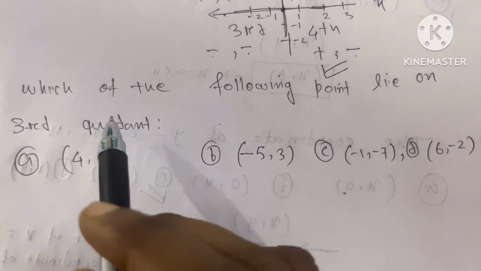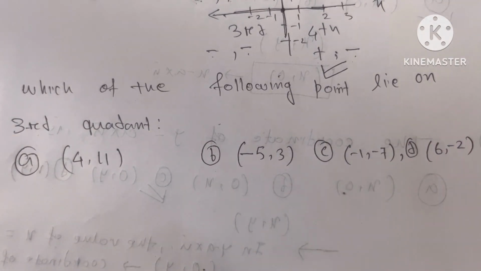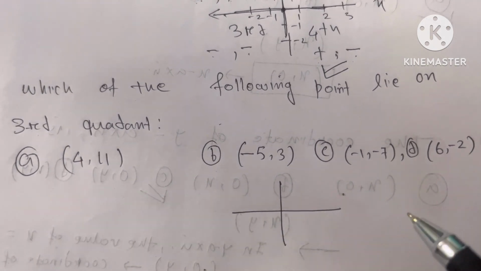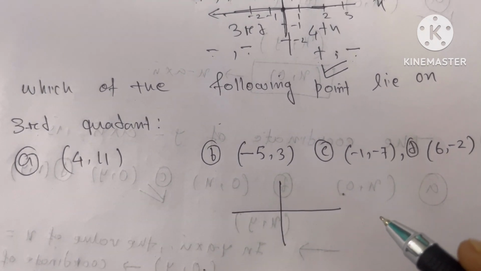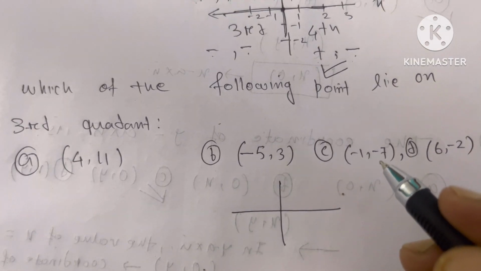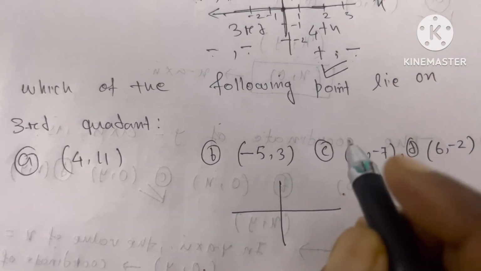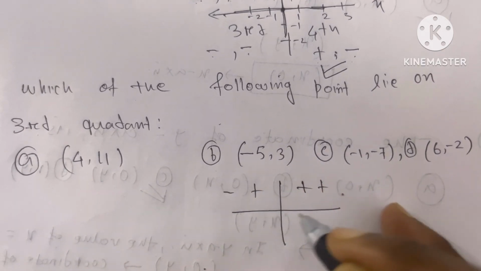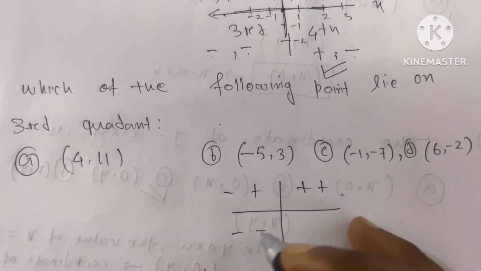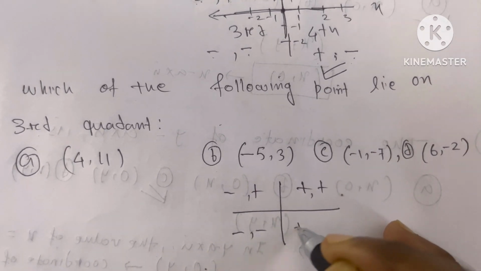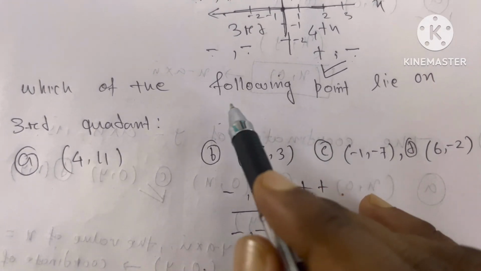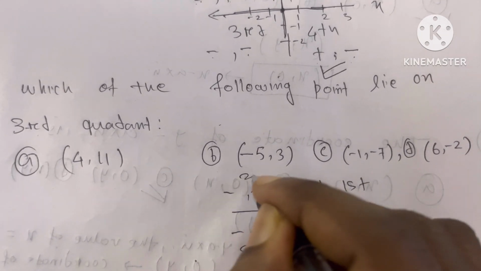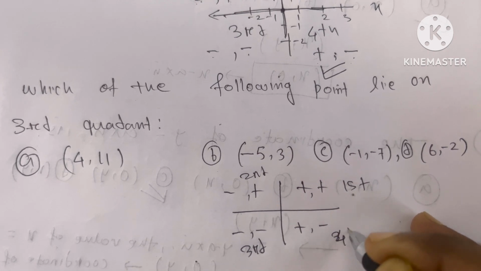Question number 7: which of the following points lie on the third quadrant? Very simple. For checking the position, we should understand the symbol of the quadrant. The first quadrant means plus, plus, as we already discussed. The second quadrant means minus, plus, the third quadrant means minus, minus, and the fourth quadrant means plus, minus.